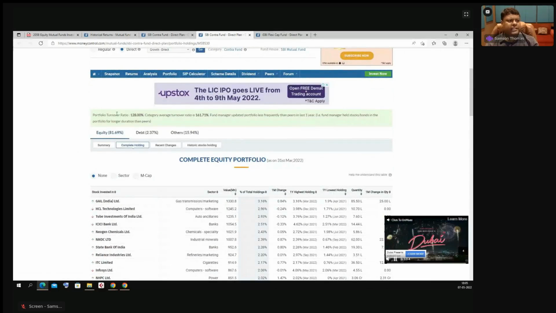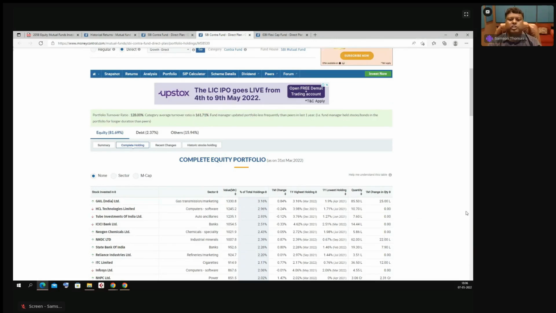Okay, yeah, here it is. Portfolio turnover ratio is 128%, while the category average is 161%. So you want a fund where the portfolio turnover is lower.